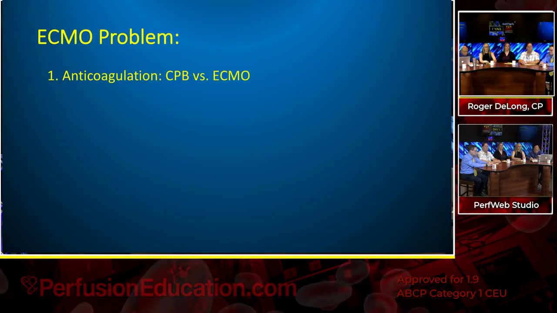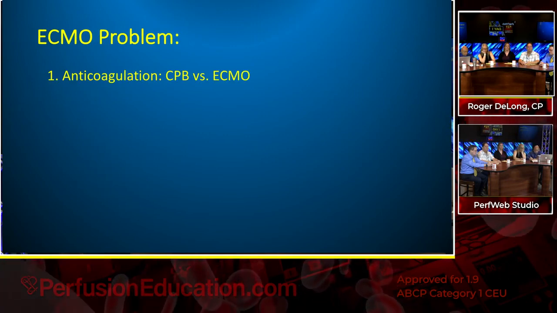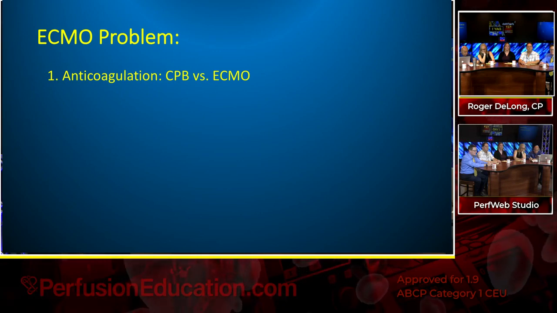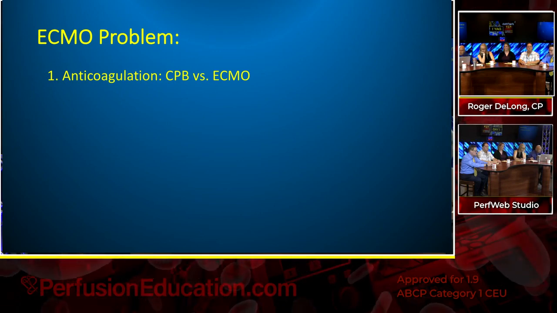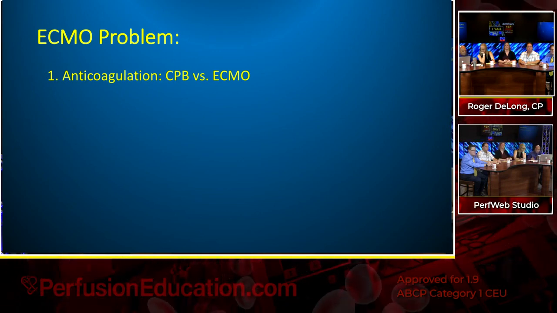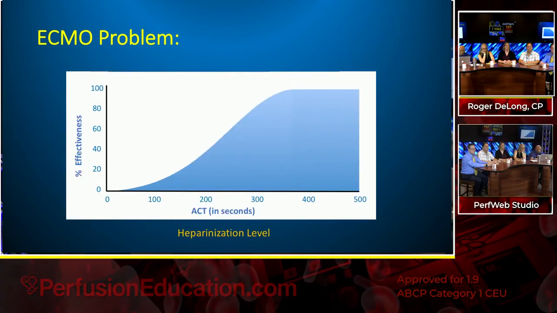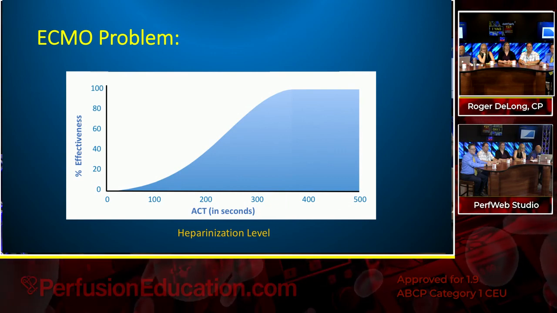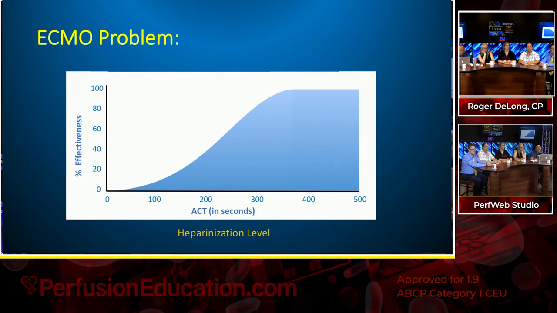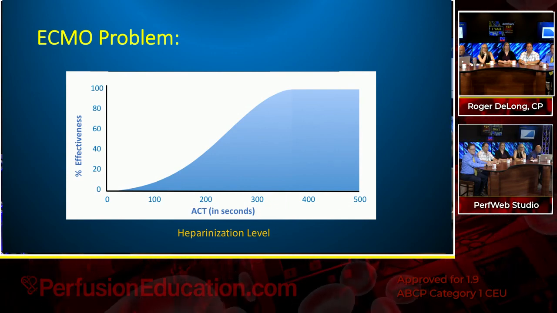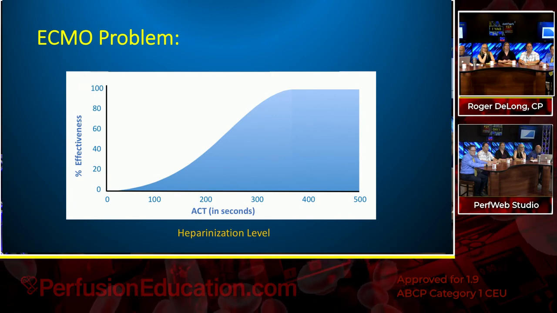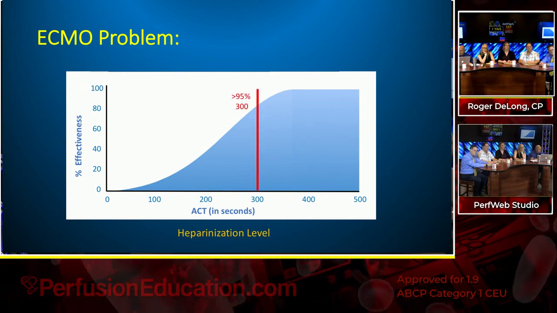All right, so what are the problems we're facing on ECMO? Well, let's start with the basic anticoagulation we all understand. CPB is not handled the same as ECMO. Next slide. In the early 60s, we determined the heparin dose response curve, and you can see the ACT here versus the percent of effectiveness at the different levels of heparin. Next slide.